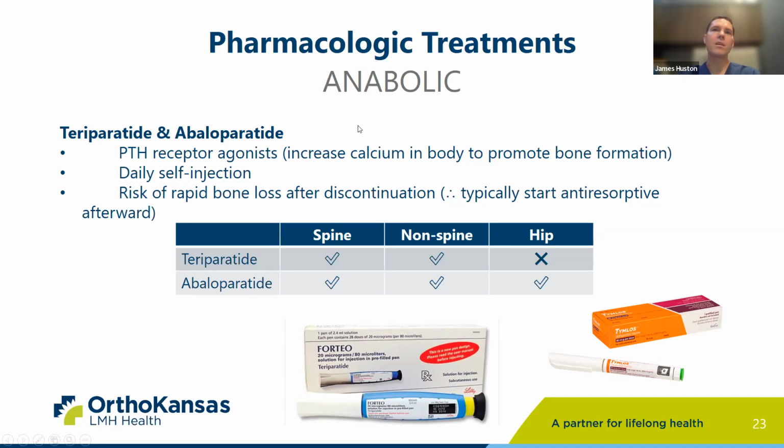So just to address a couple of these questions in the chat, they say yearly Reclast and Prolia every 6 months. Is there a limit on how long you can take, and can you switch between after 3 to 5 years?